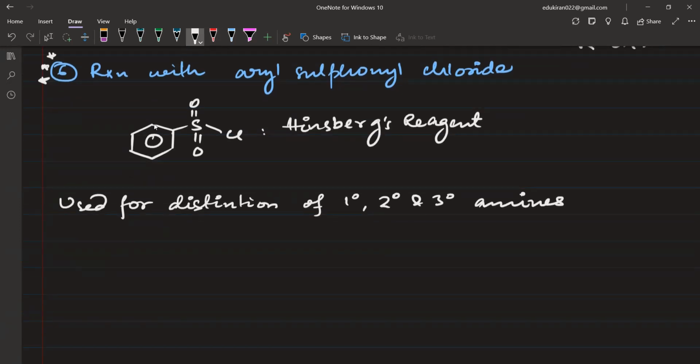How is 1 degree distinguished from 2 degree and 3 degree? So if you have 1 degree amine plus the Hinsberg's reagent, then it is going to be soluble in alkali.